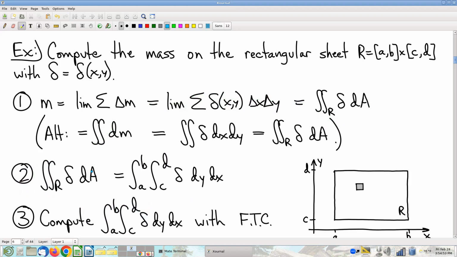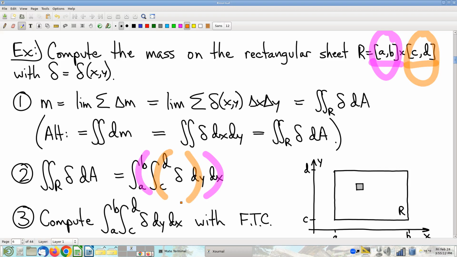All we really have to do is recognize that the range of values of x on my rectangle is the range of values of x for my iterated integral. And likewise, the range of values of y for my rectangle is the range of values of y for my iterated integral. Everybody good with that part? Okay. Right.